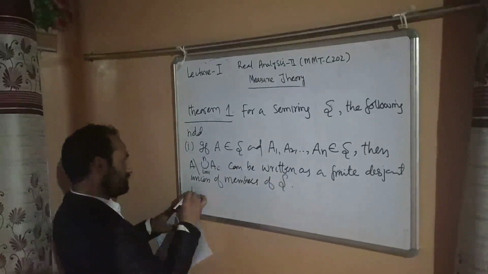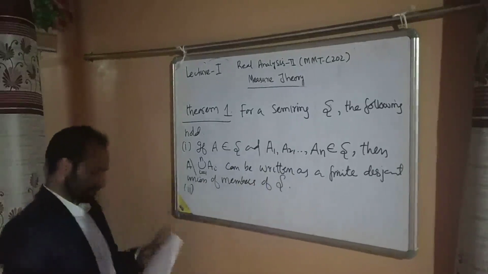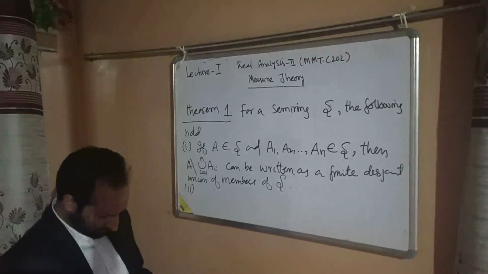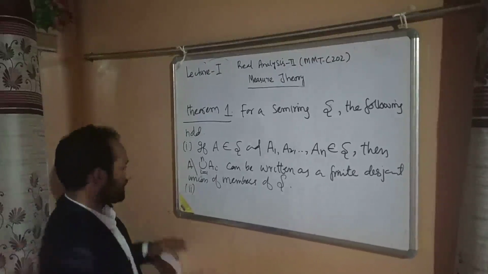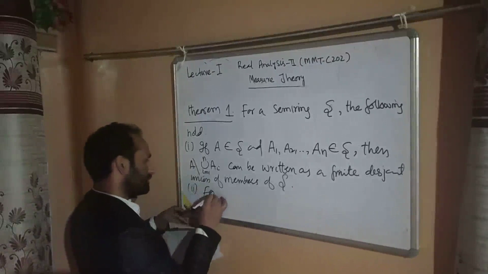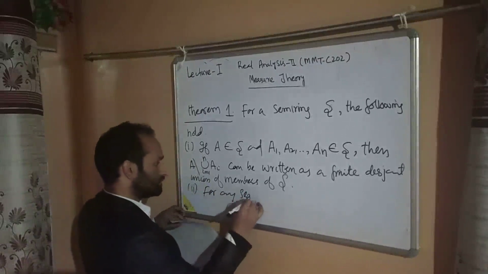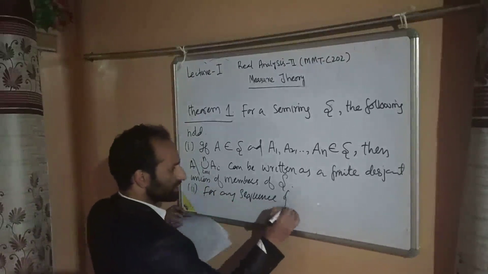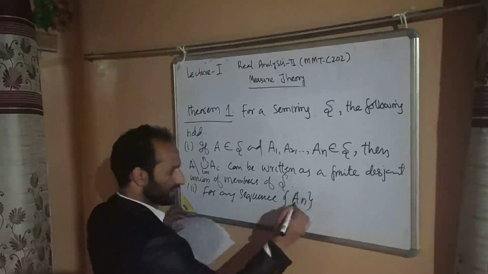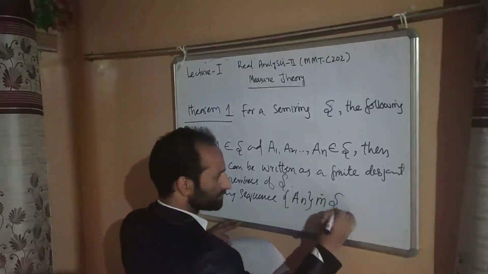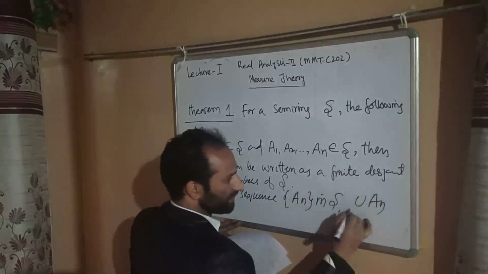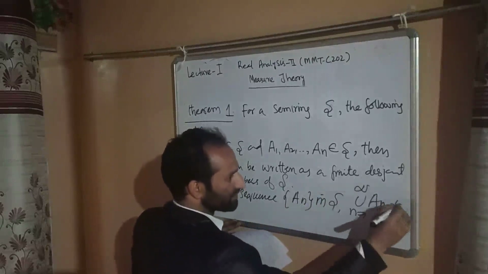And the second property that we have to prove: for any sequence of sets in S, the union of A_n, n runs from 1 to infinity, is a sigma set.